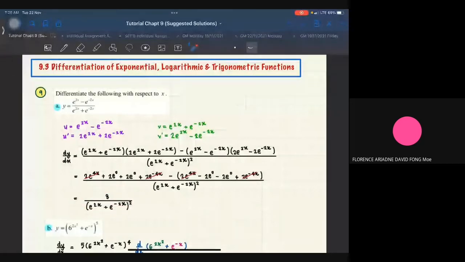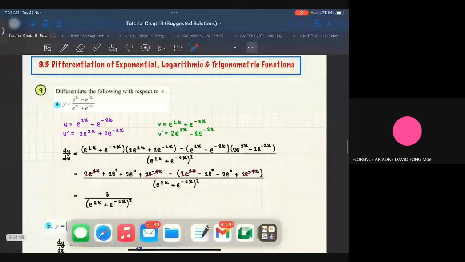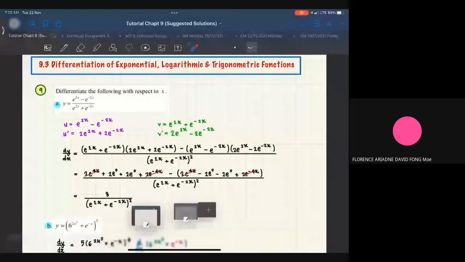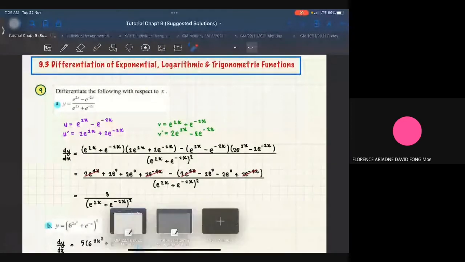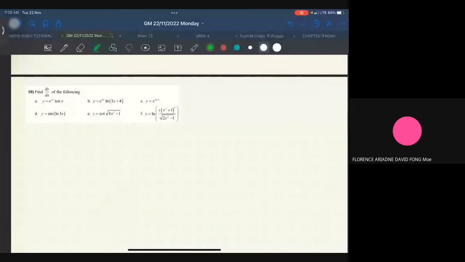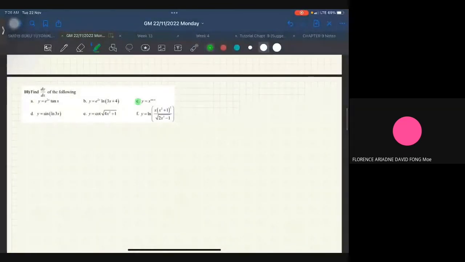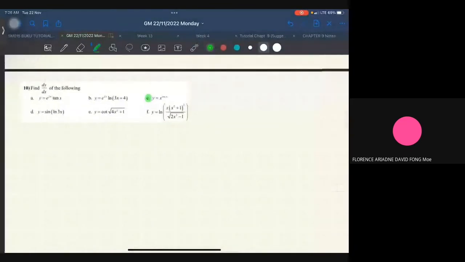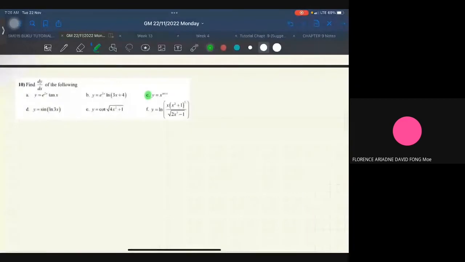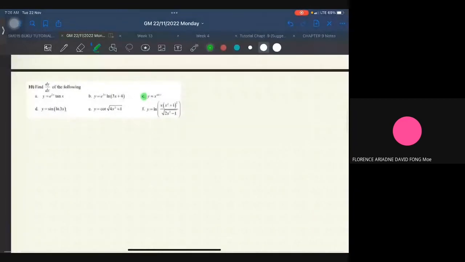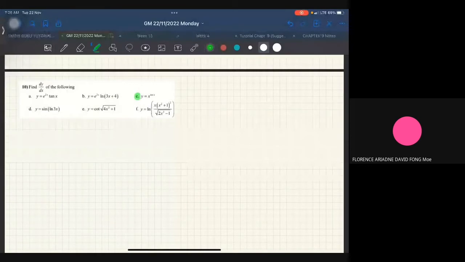Okay, so saya teruskan dengan soalan tensi. Okay, so jom kita sambung tensi. Tensi is this one. Okay, so soalan ini saya tak perasan sebenarnya dia dah termasuk dekat dalam 9.4 implicit differentiation sebenarnya.